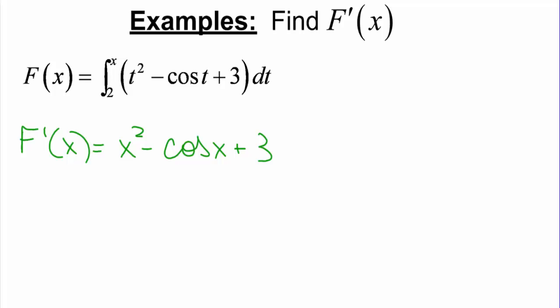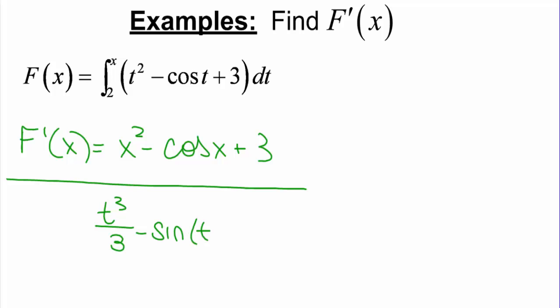Now, let's see if this actually makes some sense. If we actually take this integral, they're t's, right? So t cubed over 3 minus, what's the antiderivative of cosine? Sine of t plus 3t. And we evaluate it from 2 to x. Let's see what is going to happen.